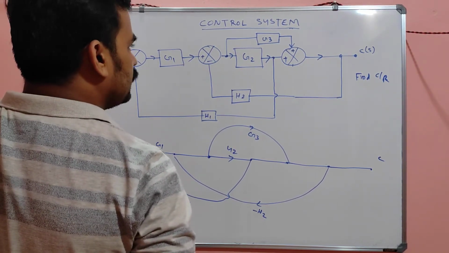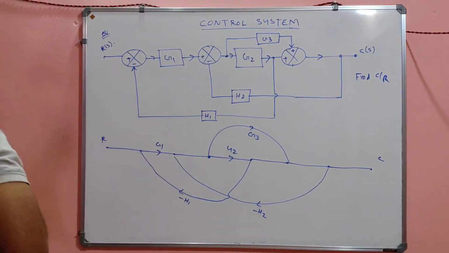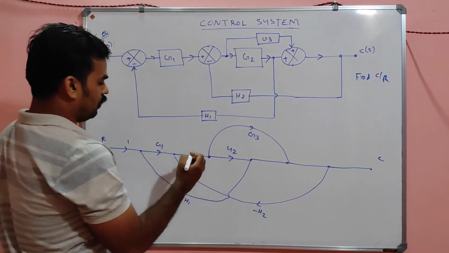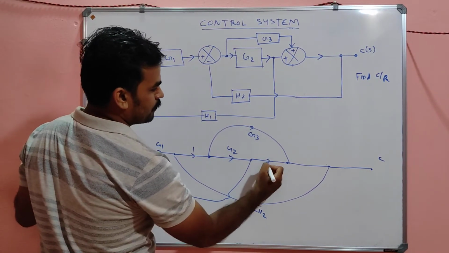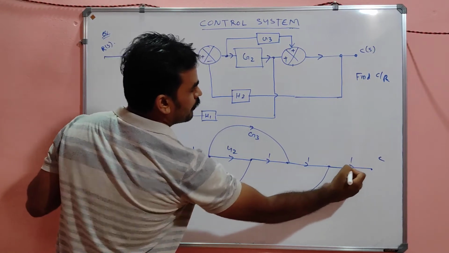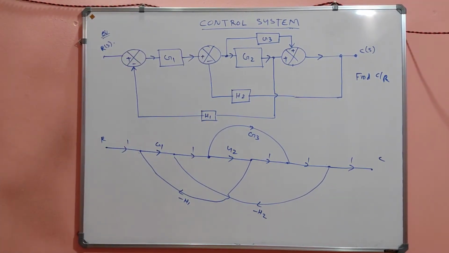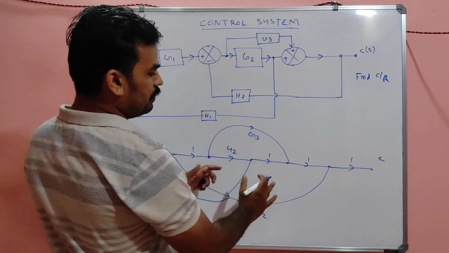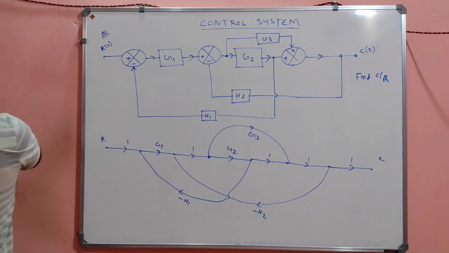Is there any other? No. Second and third are H2 and H1, correct? And G2 is from there to there. So remaining everything you put as 1. That's all. So our diagram will be reduced to this finally.